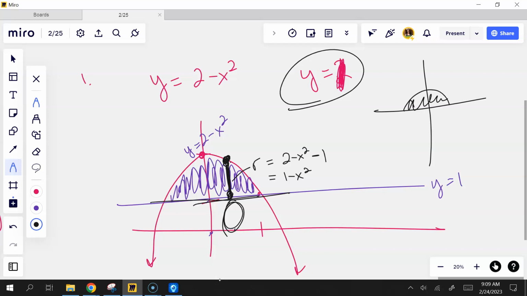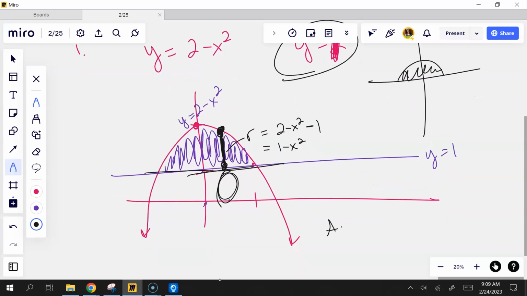Let's find the area then of my circle. Pi r squared. Broke the cardinal rule there. I didn't find my intersection points first to know what I'm going from. Is it negative 1 to 1? That's the y value, but what's the x value there?